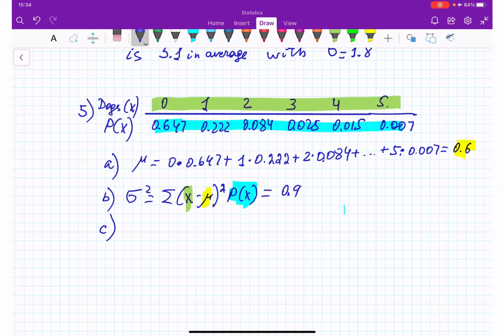Accordingly, the standard deviation, square root of 0.9, is going to be equal again to 0.9. Don't get confused. It's not 0.09. It's 0.9. If you plug it in the calculator, you will see.